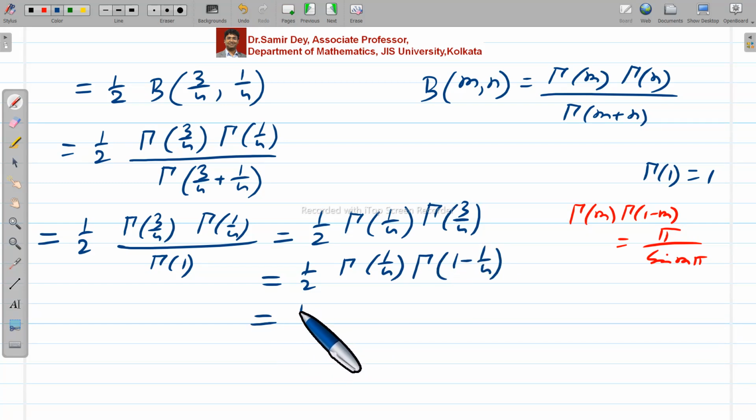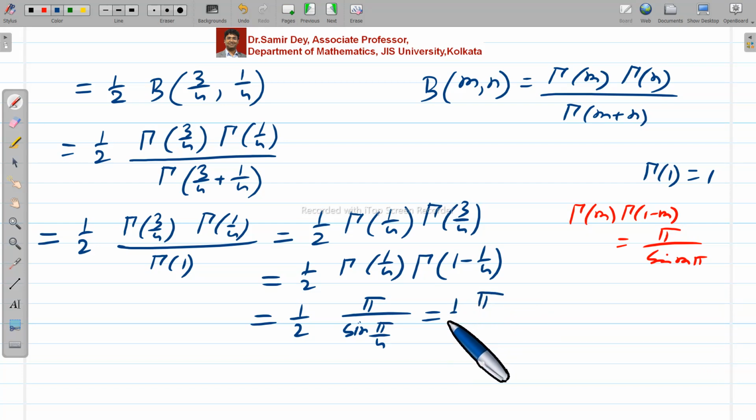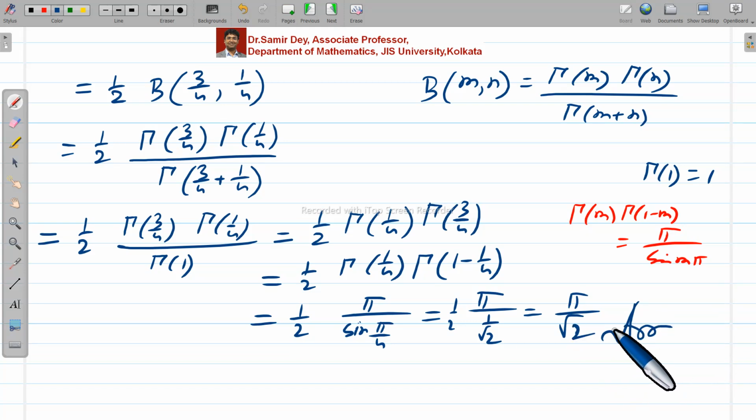So from here you may write 1 by 2 pi by sine pi by 4. Ultimately it is 1 by 2 pi, sine pi by 4 is 1 by root 2, so ultimately it is coming pi by root 2. So this is the solution of this type of question.